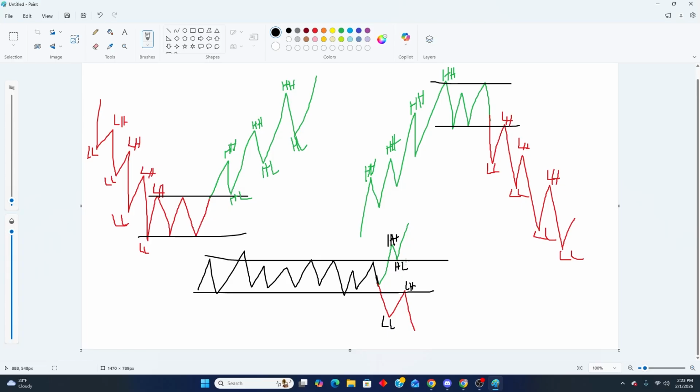You understand? And you need one of those to happen so then you can start making your decision. Before I ever mark up supply and demand or even take a trade, I need to figure out structure first. Structure tells me direction. Then we look for setups in that direction.